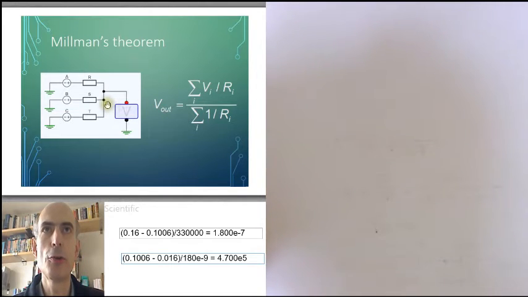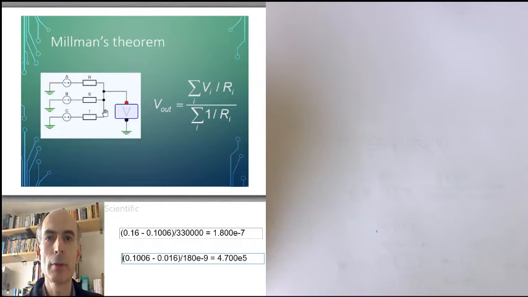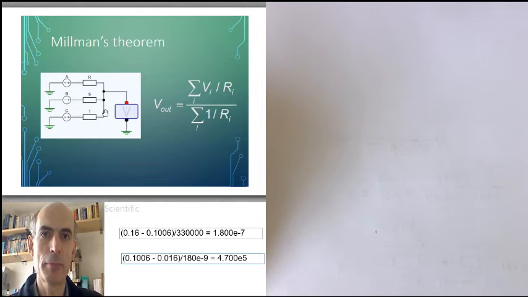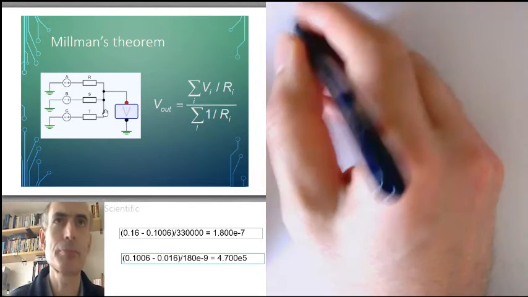Consider this node here, the common joint where all of the resistors meet up. Kirchhoff's current law says that the total current flowing into this node must be equal to the total current flowing out of this node. Or the total net current flowing into the node must be 0. Let's use that second form of Kirchhoff's current law.